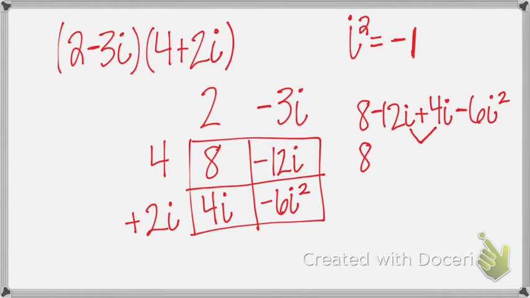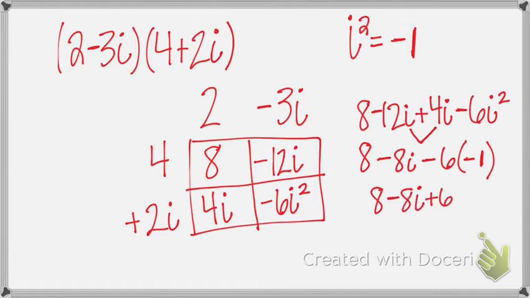Negative 12 plus 4? A negative 8i. And negative 6 times negative 1 becomes a positive 6, yes. So 8 minus 8i plus 6. And now I can go one more time. What 2 things do I combine? 8 and 6, and I get 14 minus 8i.